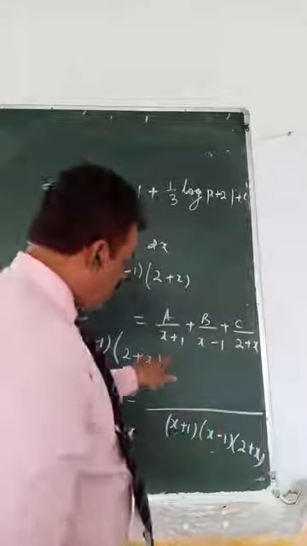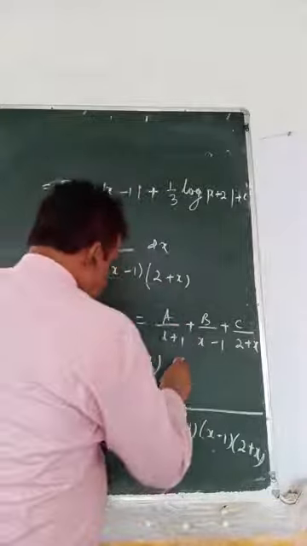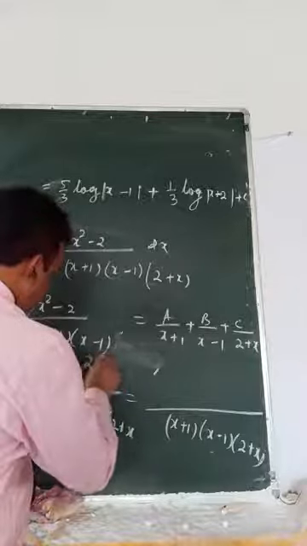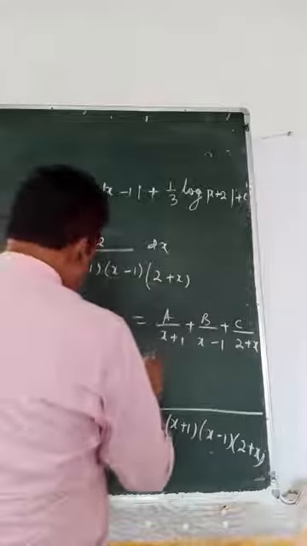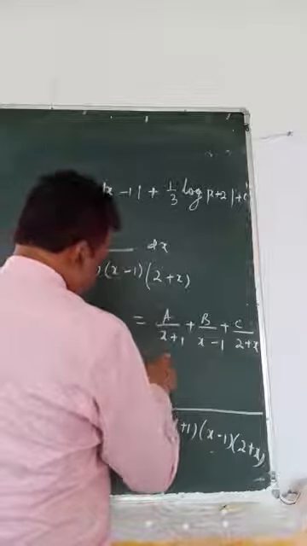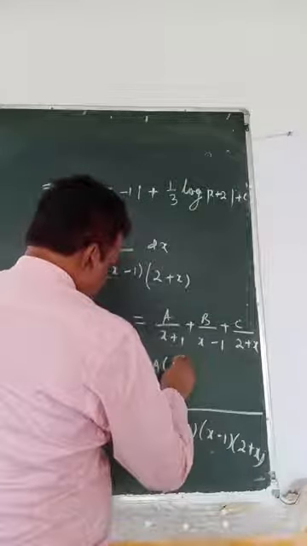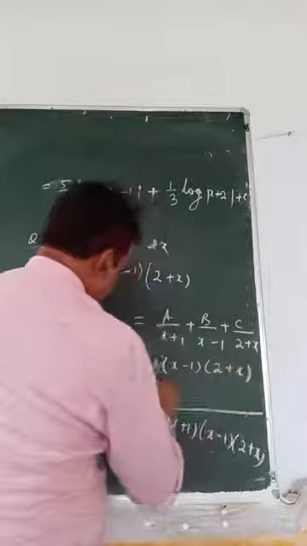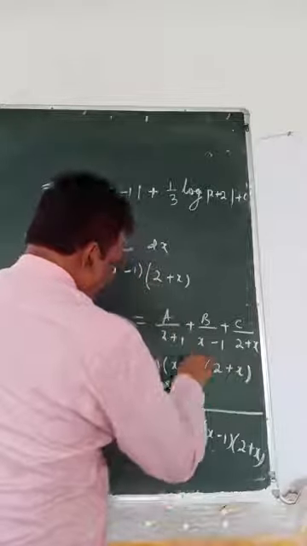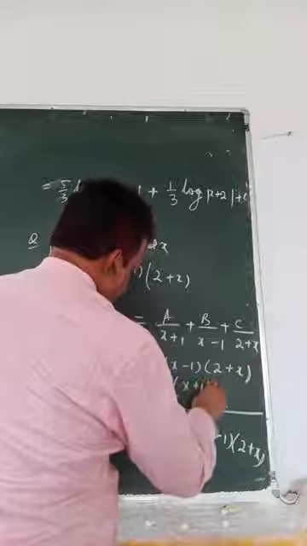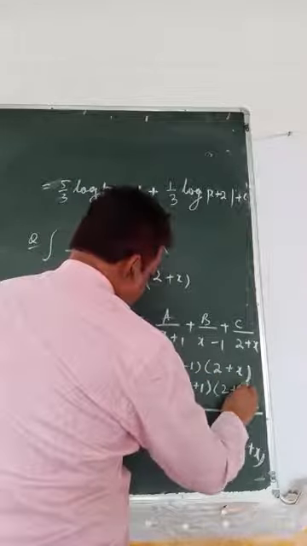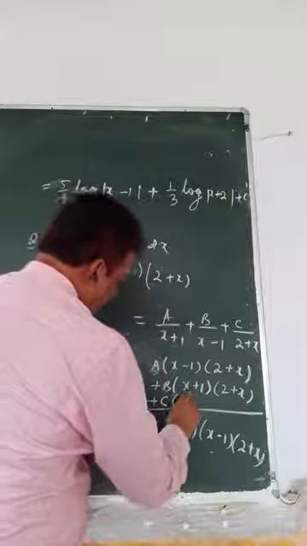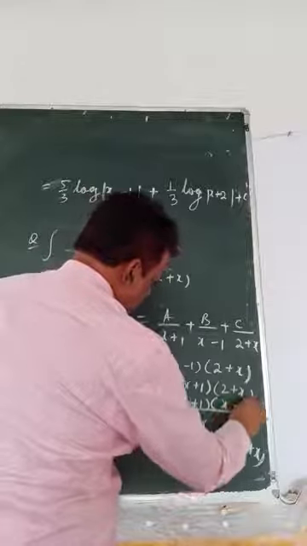Now when you divide this with this one, these two will be multiplied with A, so that will be A into (x - 1)(2 + x), plus B into (x + 1)(2 + x), plus C into (x + 1)(x - 1).